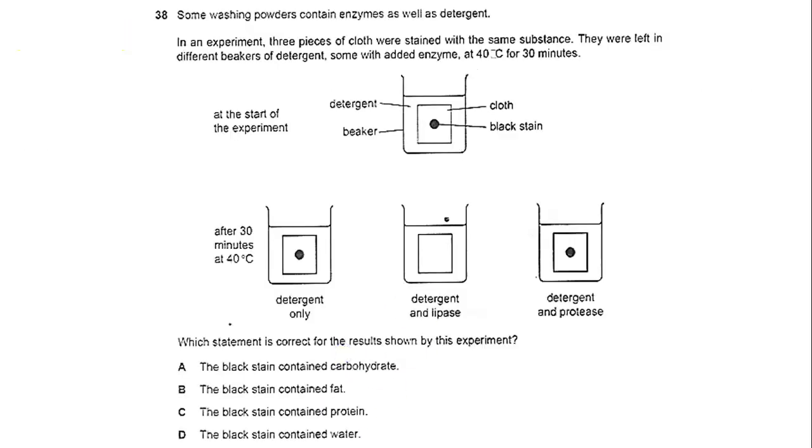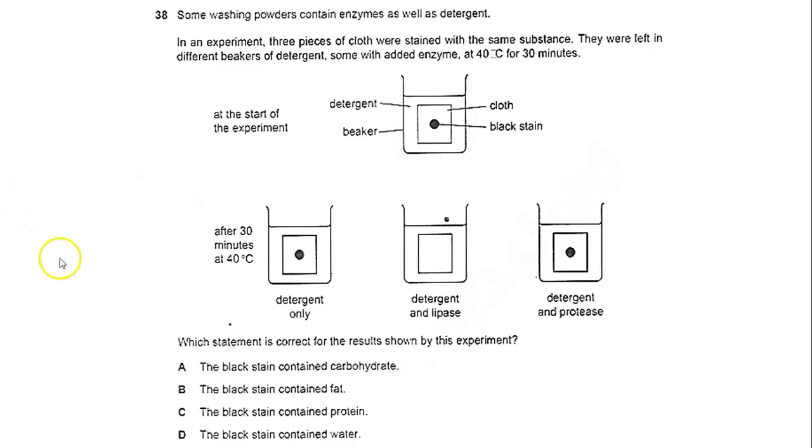Okay, let's answer some questions together. Some washing powders contain enzymes as well as detergent. In an experiment, 3 pieces of cloth were stained with the same substance. They were left in different beakers of detergent, some with added enzyme, at 40 degrees Celsius for 30 minutes. Which statement is correct for the result shown in the experiment?